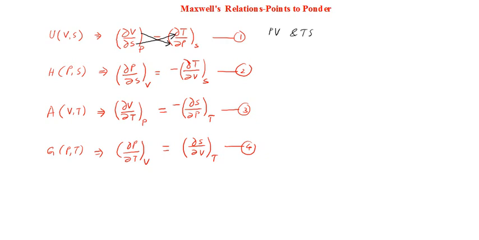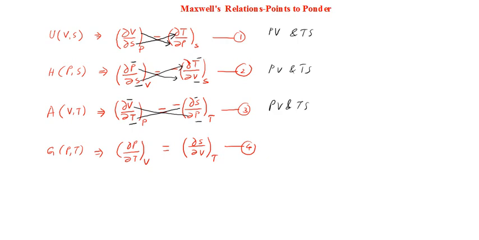Then in the second equation also, note it. Here it is P, here it is V, and here it is S, here it is T. So the cross variables are PV and TS again. Next equation: P here, V here, and T and S here. Again PV and TS.